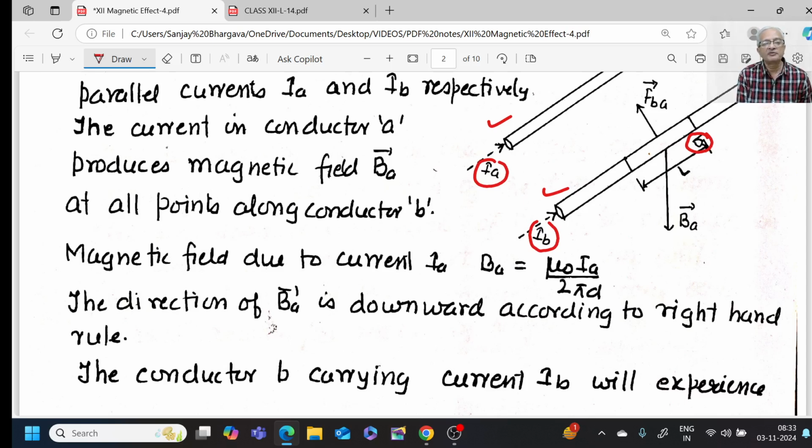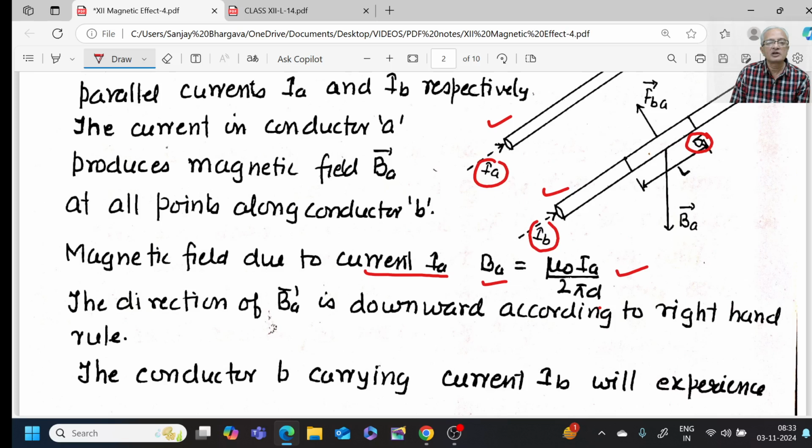So let us first calculate the magnetic field due to current IA. For a straight conductor, the magnetic field is given by mu 0 I upon 2 pi d. So here it is mu 0 IA upon 2 pi d.